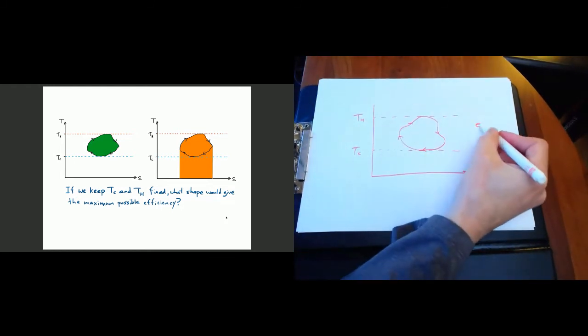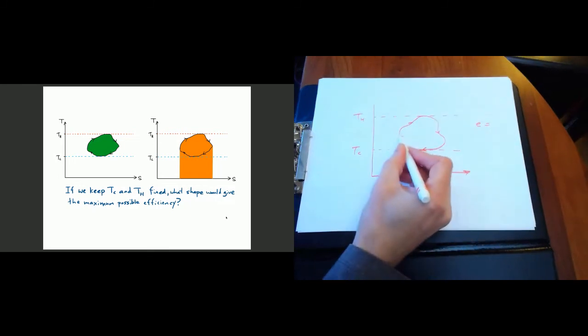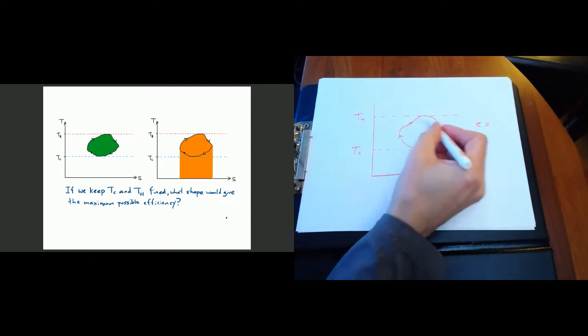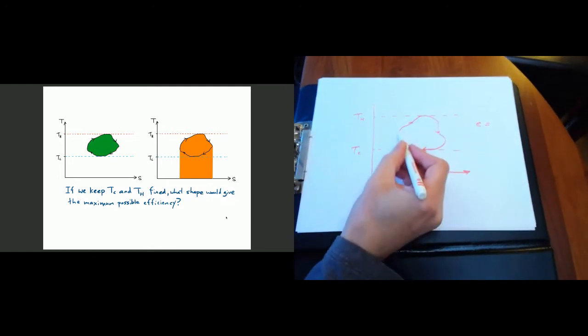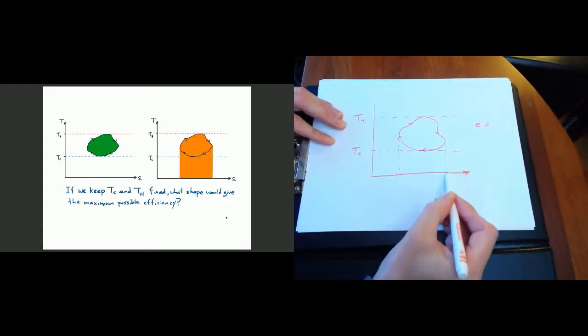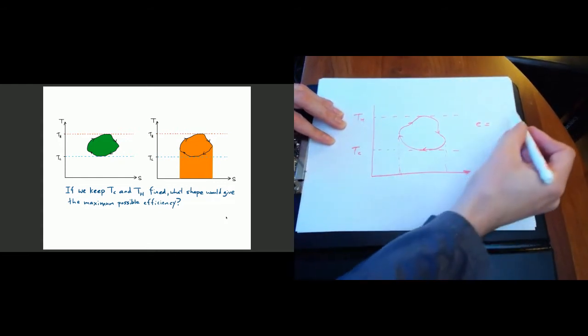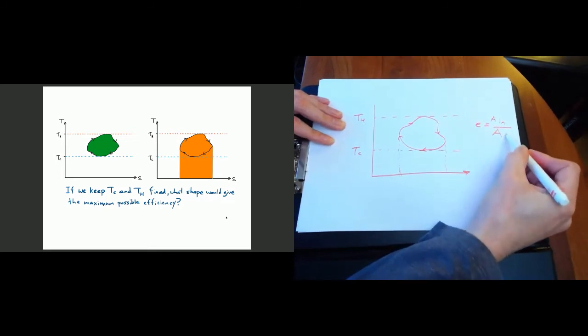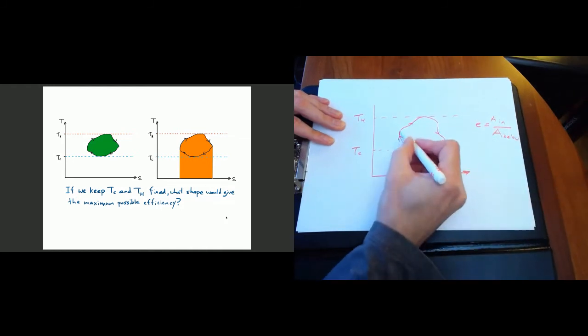The efficiency is the area of the inside divided by the area below the topmost curve. So A in divided by A below, and by below I mean below this top curve here.